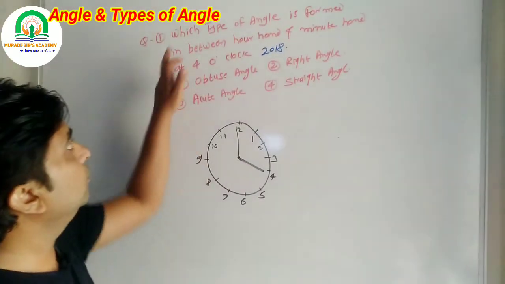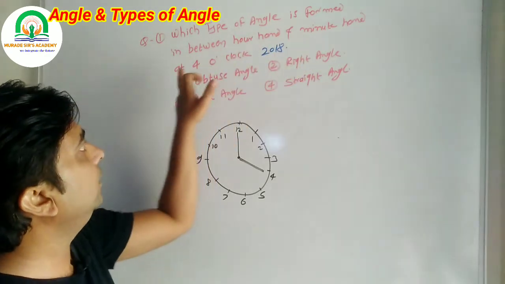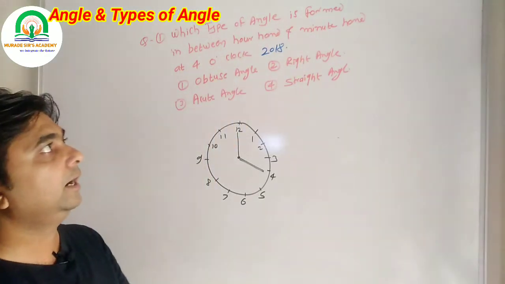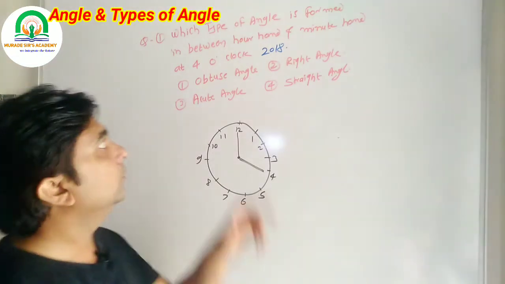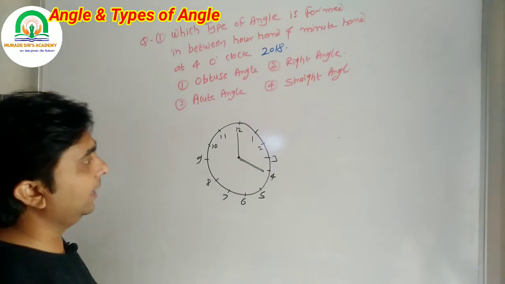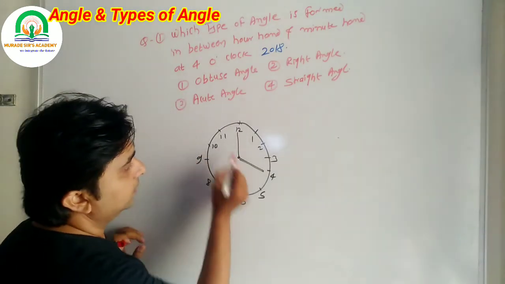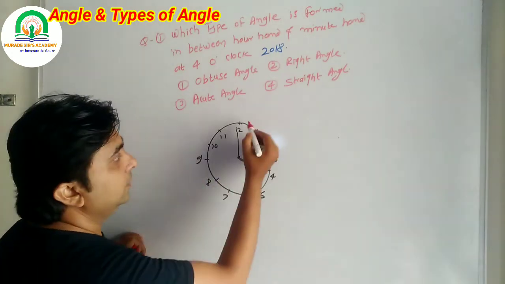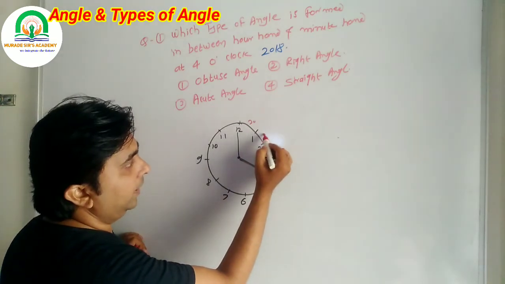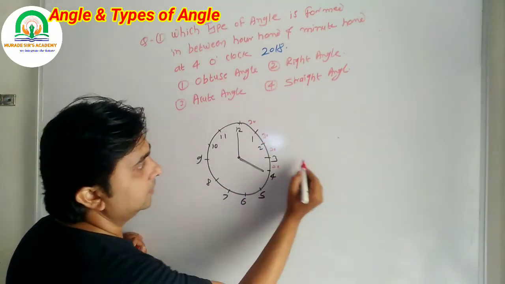Question: which type of angle is formed between the hour hand and minute hand at 4 o'clock? Hour hand means the short hand, minute hand means the long hand. Which type of angle is formed between the hour hand and minute hand at 4 o'clock? Between 12 and 1 is 30 degrees, 1 and 2 is 30, 2 and 3 is 30, and 3 and 4 is 30 degrees.